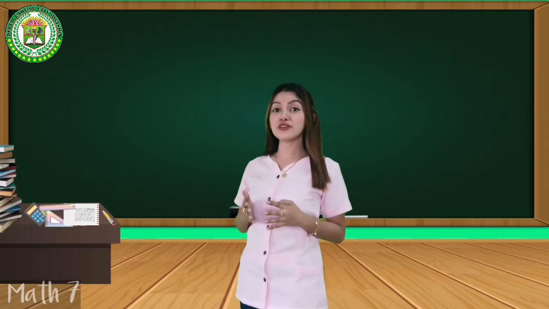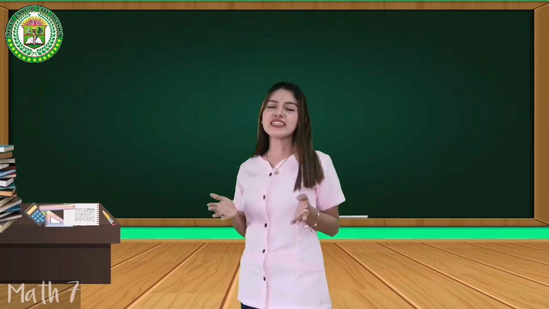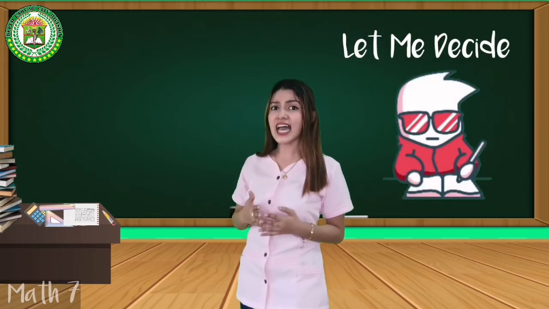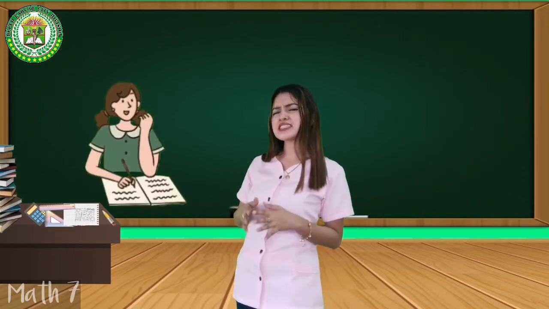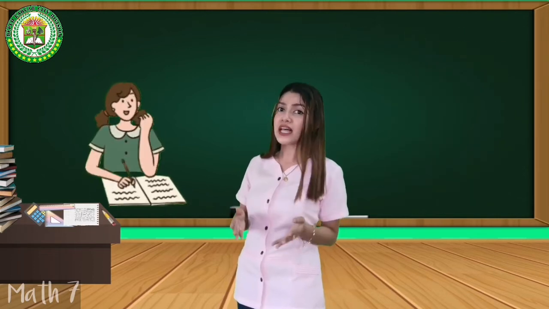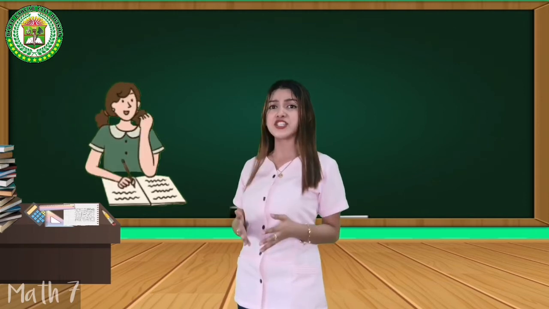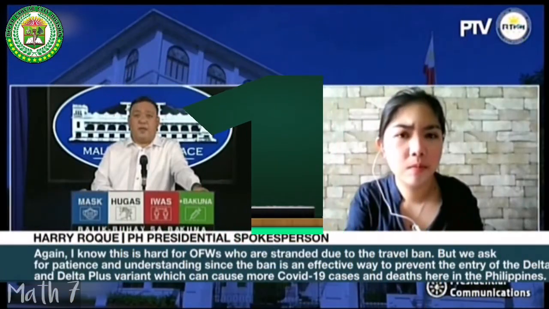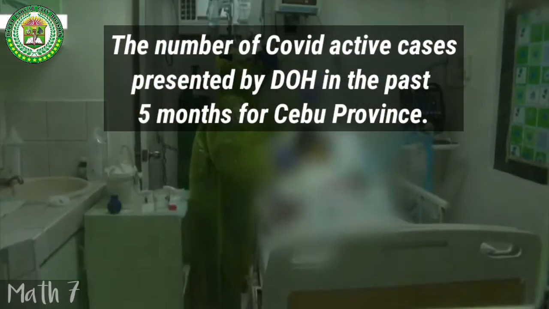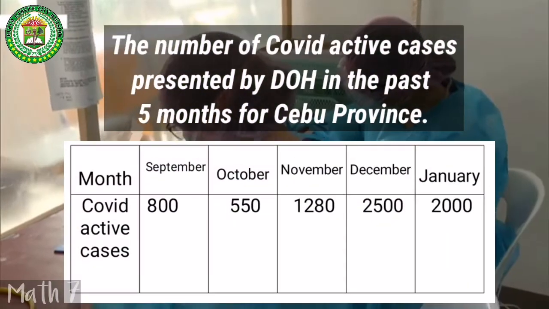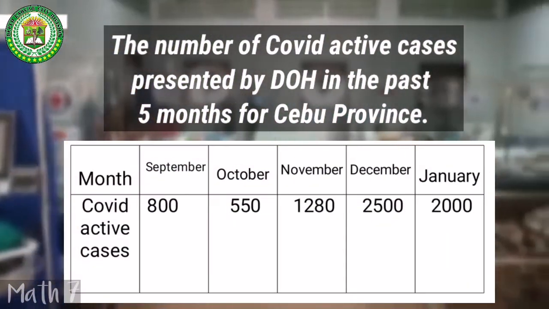Let us check if you learned from this lesson. An activity entitled Let Me Decide. All you have to do is to decide what appropriate statistical measure can be applied with the following situation. Answer the following questions. Number 1. The number of COVID active cases presented by DOH in the past 5 months for Cebu province.